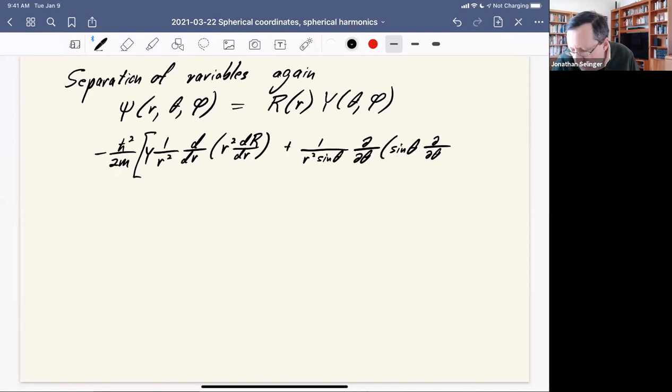But the function now is capital R times capital Y. Capital R is a constant as far as θ is concerned, so it just factors out like that, and we only need to have a derivative of Y in here.